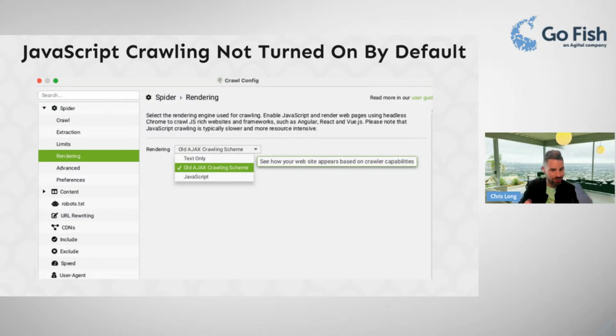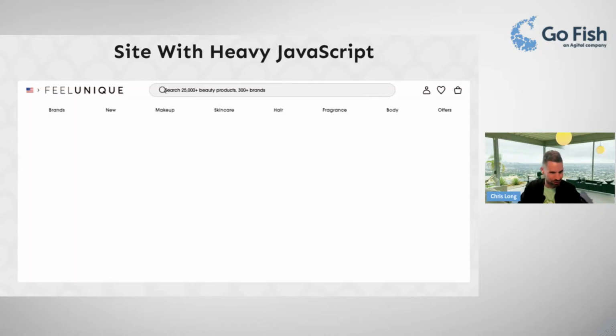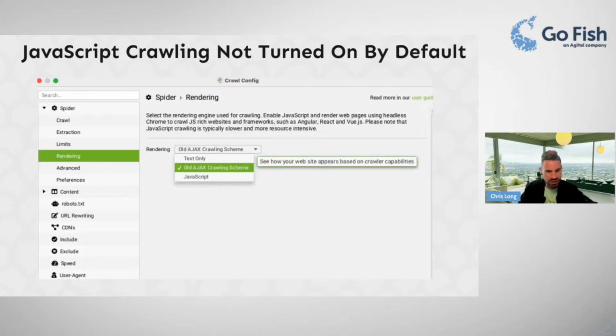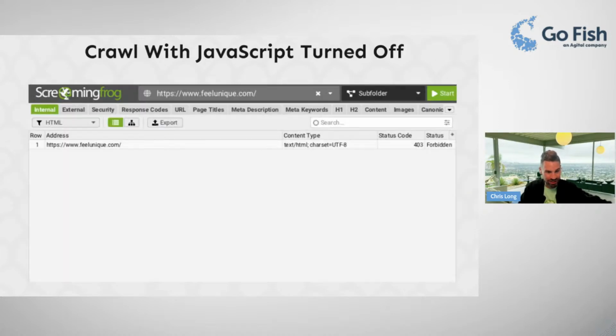But if you try to crawl a JavaScript site like we just showed you, where all the content loads, just using the old Ajax crawling scheme, what you're going to get is something like this, where maybe it gives you a forbidden status code, or maybe it just doesn't find the content at all. Sometimes it will just find the home page, the URL you entered, and then not be able to find any internal links. Why is that?